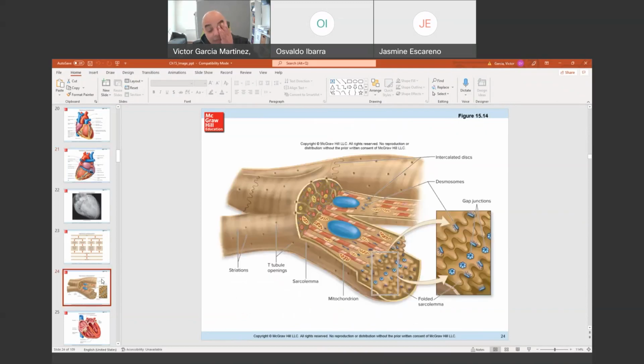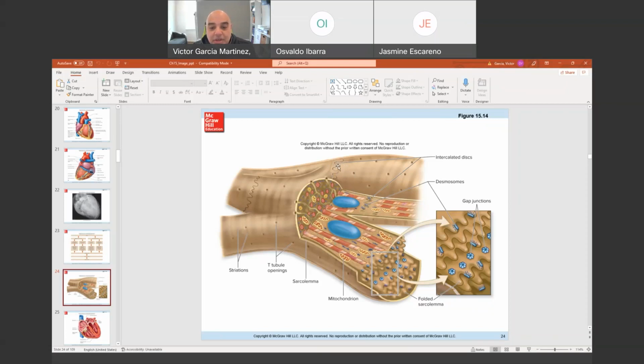The second thing I would like to remember, guys, about the last session is the structure of the cardiac muscle. If you remember, this muscle has a cell which is branch shaped like a tree, and you have striations and you have divisions between these two cells.